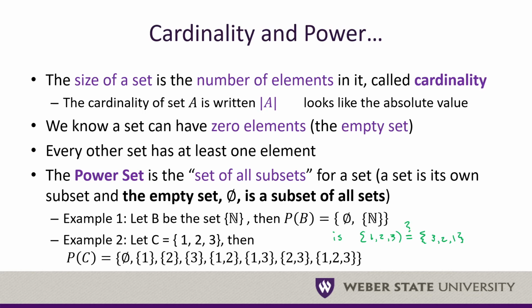When I list them, because I'm writing them down, I have to put them in some order. I can't just say, yeah, all the elements are here, and then not write anything. So I have to put them down in some particular order. But the order does not say what things are in the set. All that's important is that it's in or it's not in.